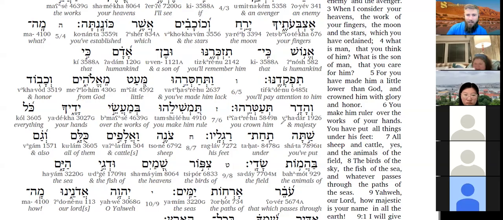V'chavod v'hadar te'atrehu. Atar. I'm thinking of keter. What is ateret? A crown. So te'atrehu, you crown him with kavod v'hadar, honor and majesty.